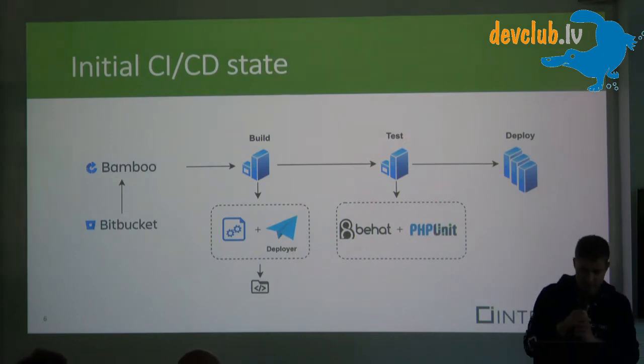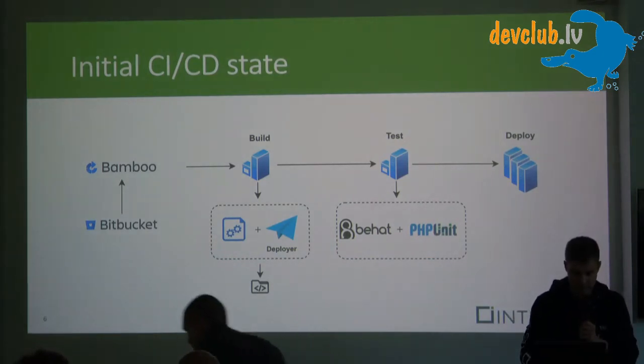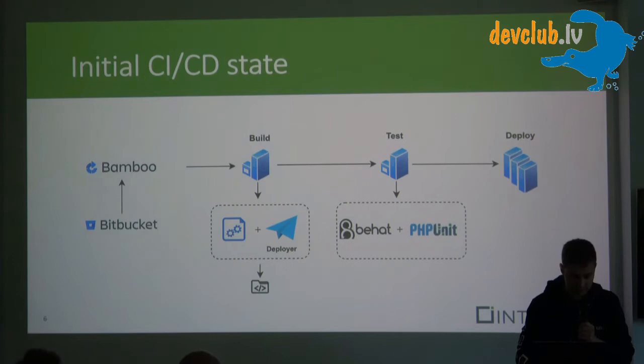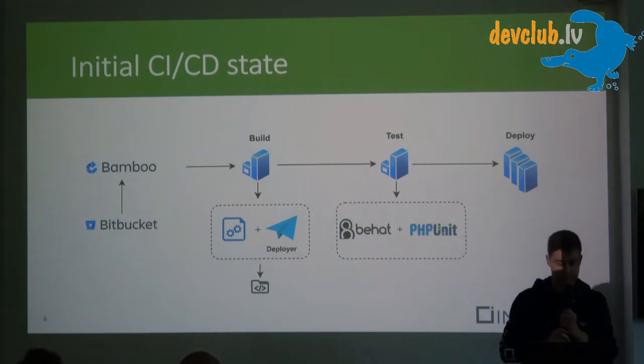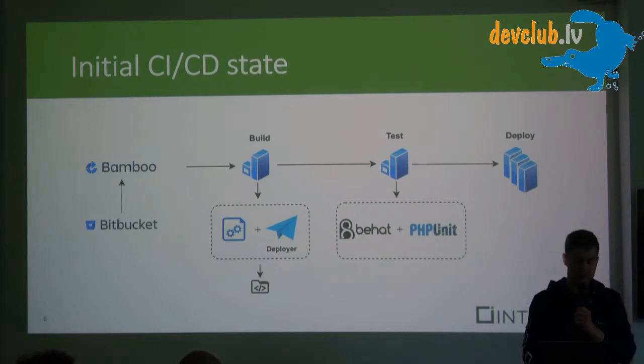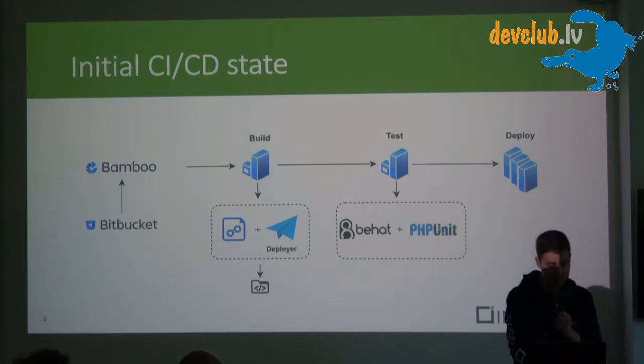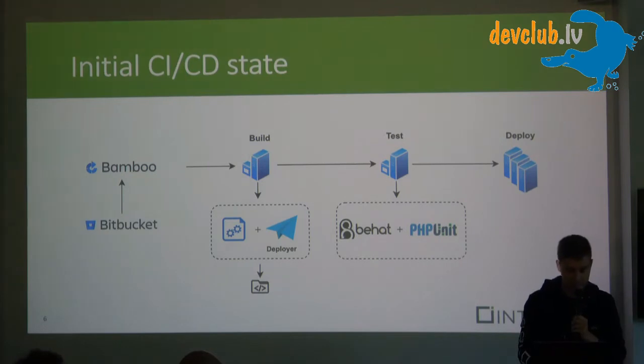A little bit about the state of our CI/CD pipelines. We are utilizing the Atlassian stack, which includes Bitbucket, that is a version control system, and Bamboo, a CI/CD tool.